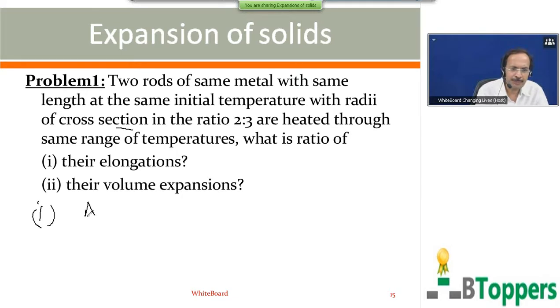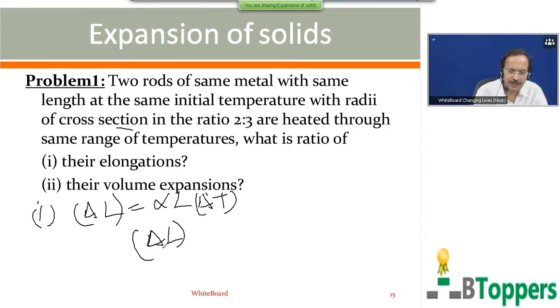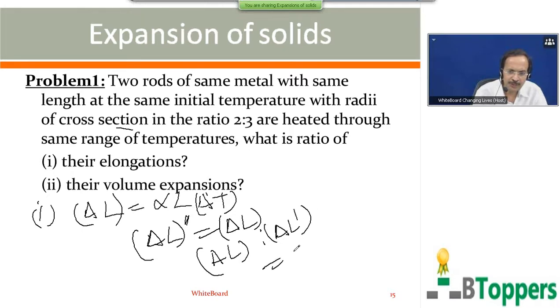Because both the rods are made up of the same metal and they are originally at the same temperature, alpha is the same. Original length L is also the same and rise in temperature delta T is the same. Therefore, elongation delta L will be the same for both the rods. So elongation delta L dash for the second rod is the same as elongation delta L for the first rod. So the ratio of elongation of the first rod and elongation of the second rod will be 1:1. 1:1 is the answer for the first question.